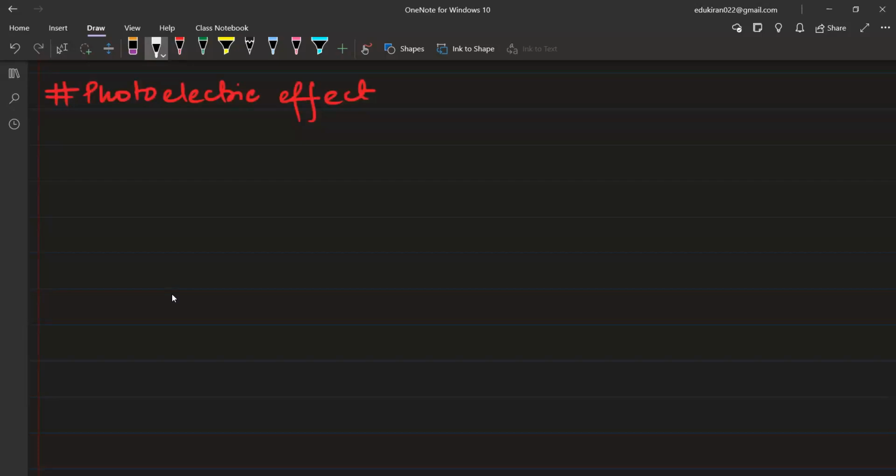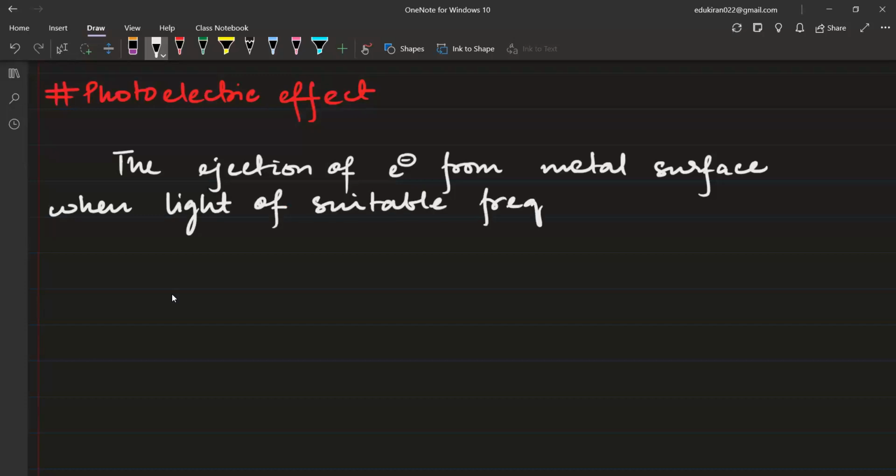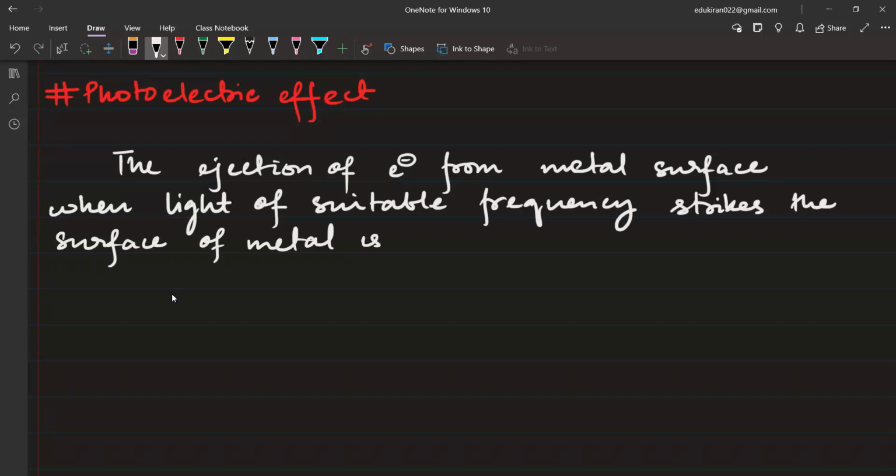Please write: the ejection of electron from metal surface when light of suitable frequency strikes the surface of metal is called photoelectric effect.